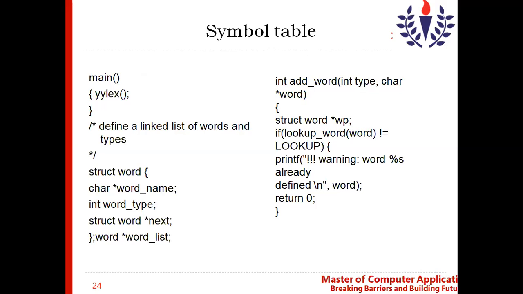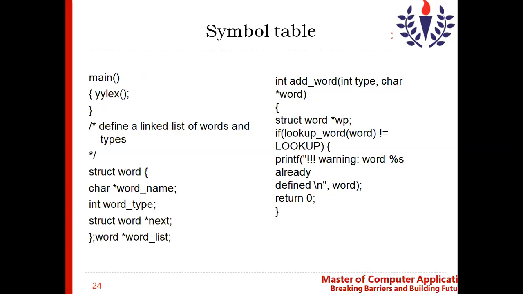If the word is already available, we need not add the word into the linked list again. Suppose I have the word is, which is a verb type. If I've already added is into the linked list as a verb, then if I give verb followed by is again, there is no point in adding it because it is already available. So if it is already there, there is no need to add the word into the linked list.